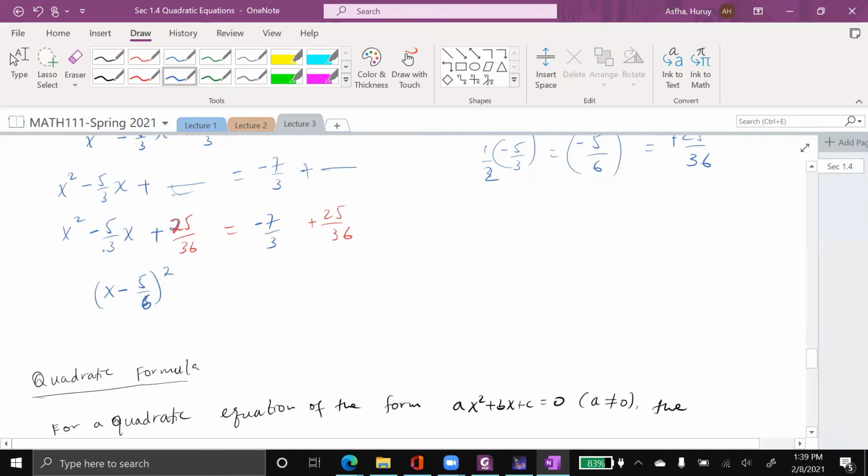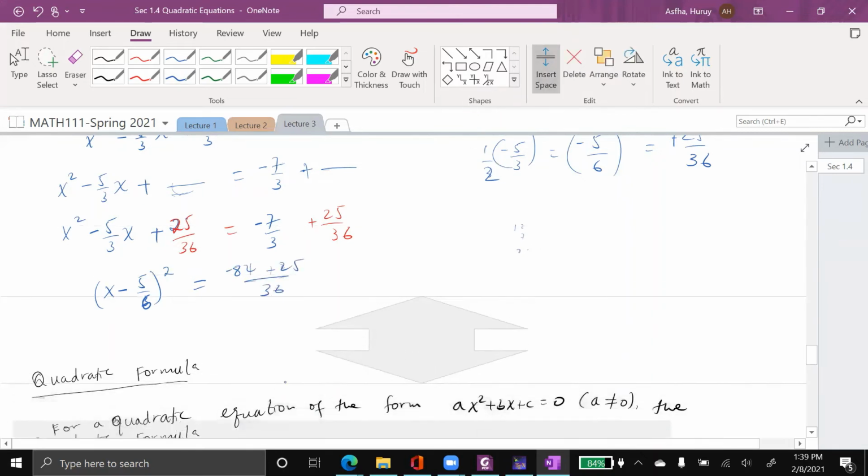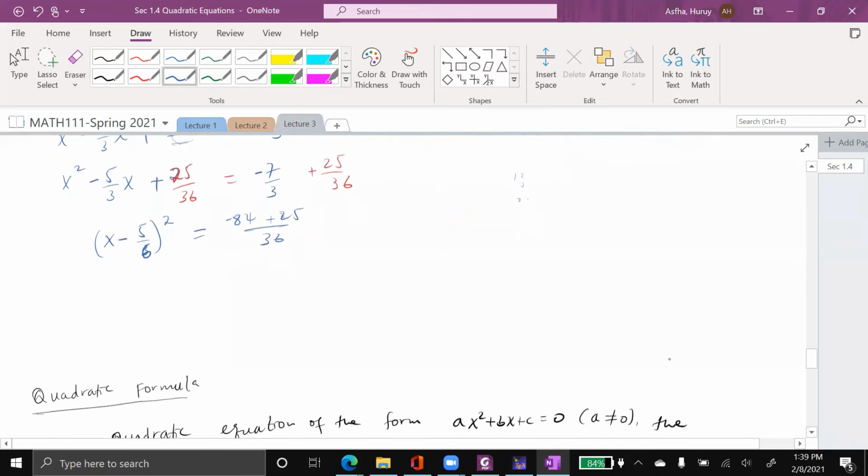Equals, and we have to simplify this. So this is 12, yes, 12 times 7, 84. So x minus 5 over 6 squared equals, so what is this?